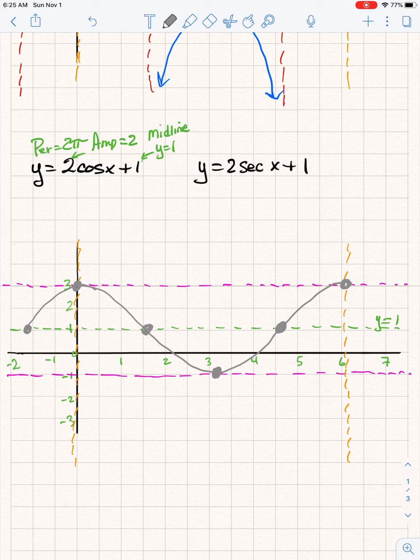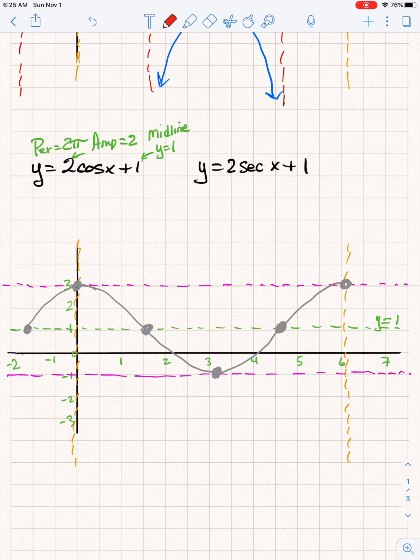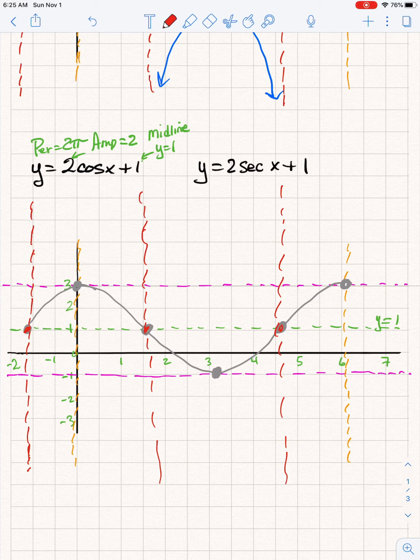Then to draw the secant, if you notice, it has the same period, same amplitude, same midline. It's just going to be the reciprocal. So I'm going to mark my asymptotes. The asymptotes are the zeros of the cosine, so here, here, and here. The reds are the asymptote lines for us to draw our secant graph.